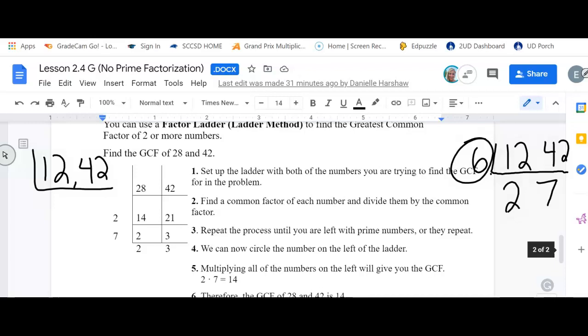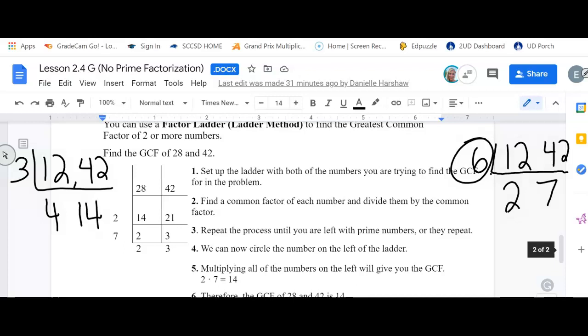Chris? 3. Divided 3 out. What is 12 divided by 3? Bryce? 4. Awesome. What's 42 divided by 3? Colin? 14.